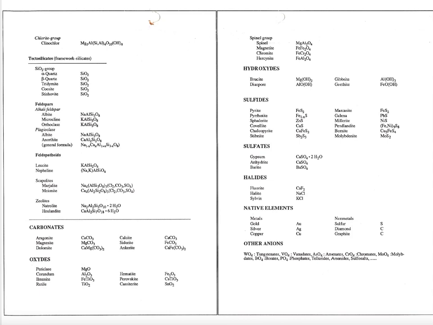And then on page number 8, I have some other mineral groups. There we have the tectosilicates again, but I also put the carbonates on it, the oxides, the spinel group, the most common hydroxides, some sulfides, sulfates, halides, the native elements, and some other anions.